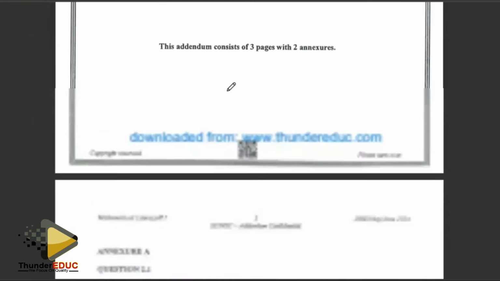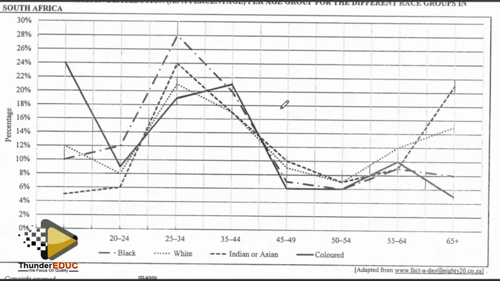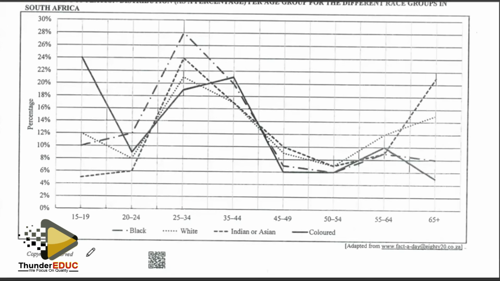We see the values. At next step B, we have these different lines representing the races, and the different dots representing the age brackets.